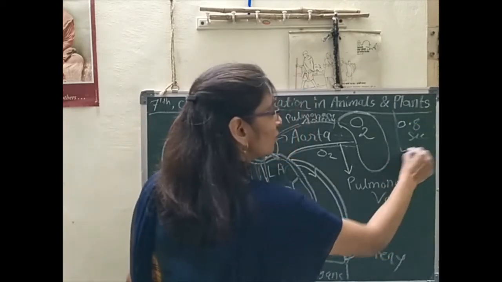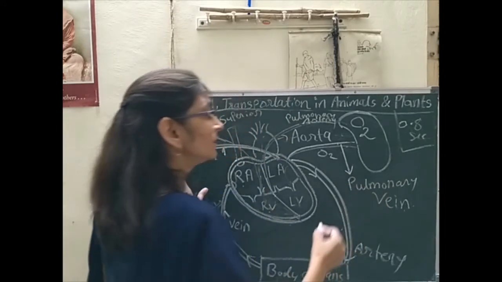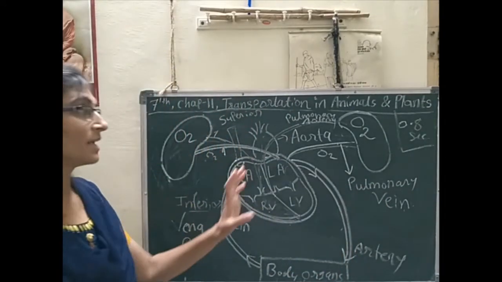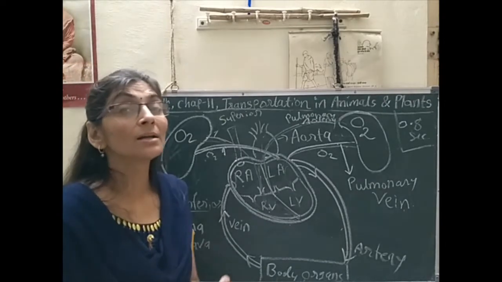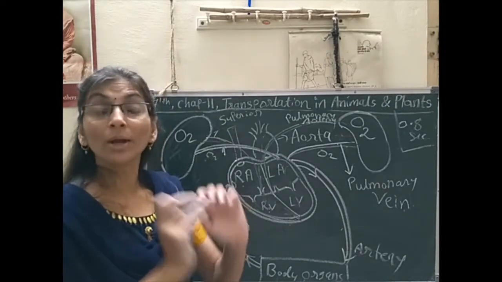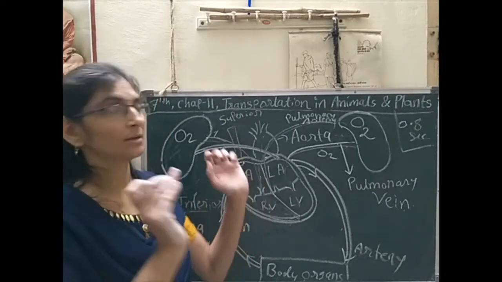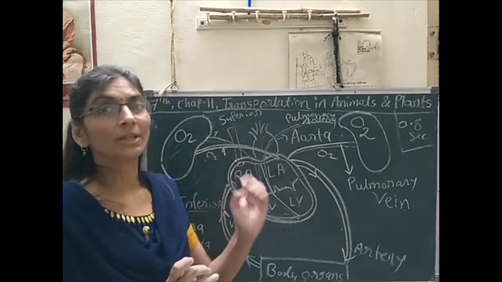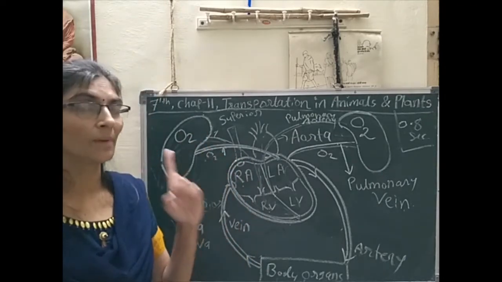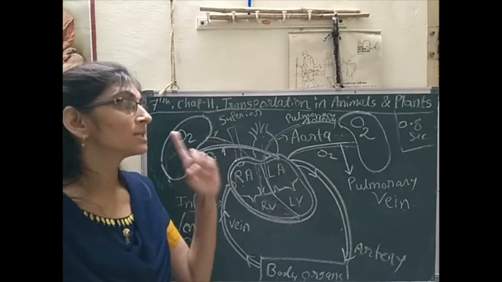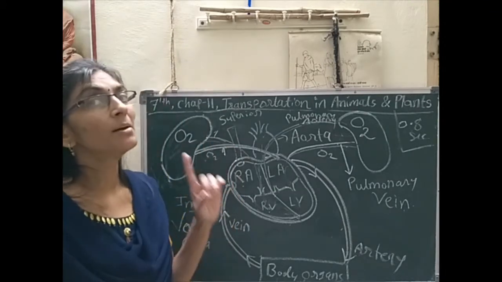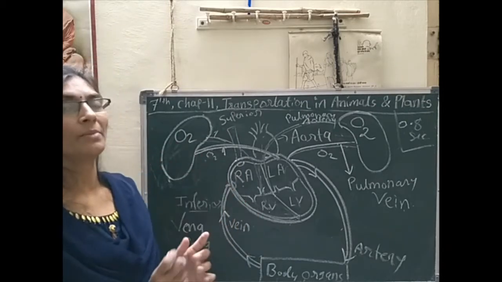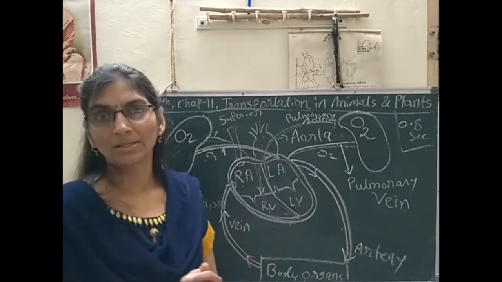Yes, only 0.8 second. Within 0.8 second one cycle is complete. So in this manner we get a pulse rate of 72 to 80 within 1 minute. Means what is the rate? Pulse rate 72 to 80. This is the pulse rate within 1 minute, the count of pulses.